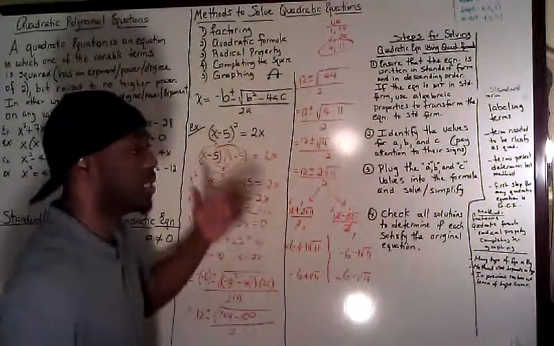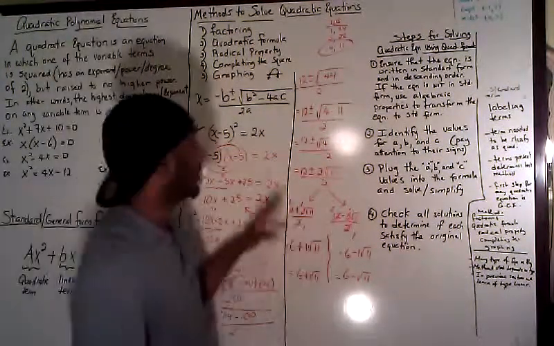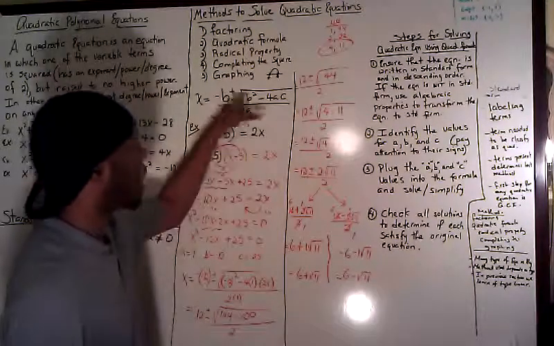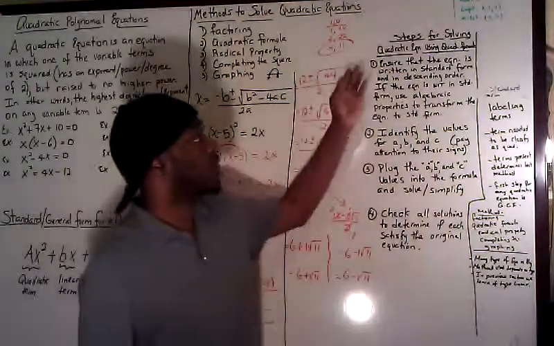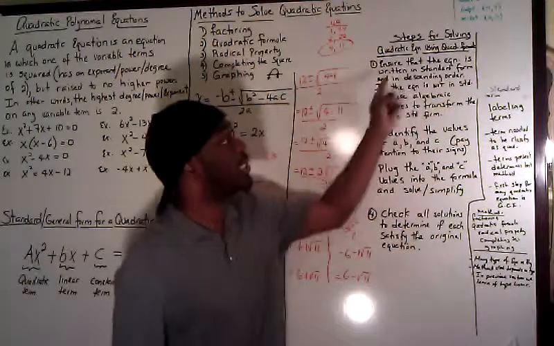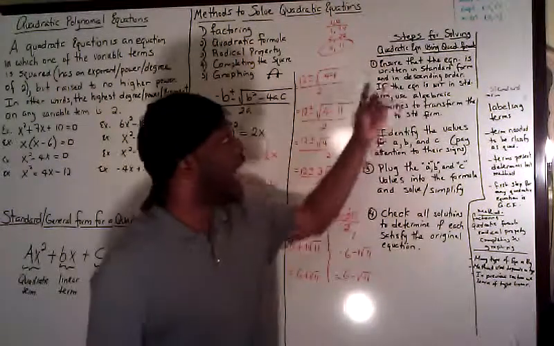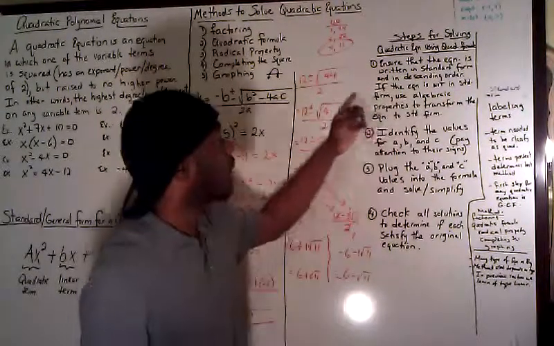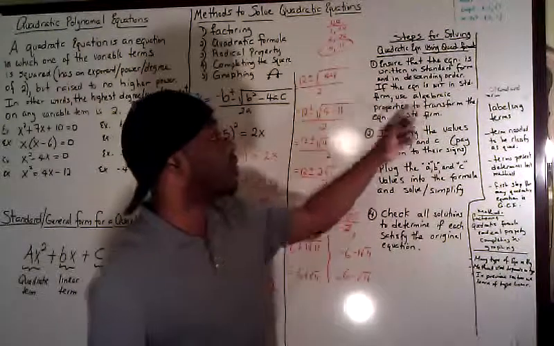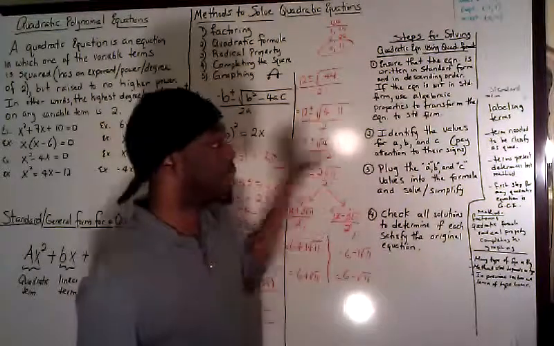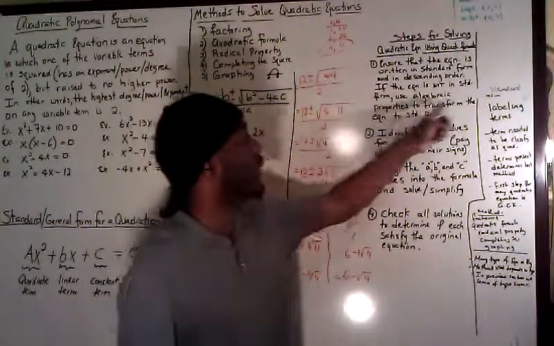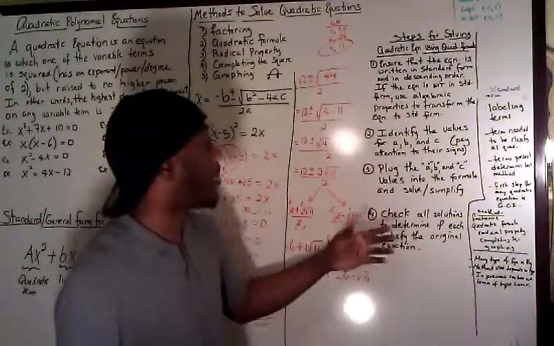So let's go ahead and look at the steps again to use the quadratic formula. Once again, first step is we ensure that the equation is written in standard form and in descending order. If the equation is not in standard form, use algebraic properties such as what we did all over here to transform the equation to standard form.